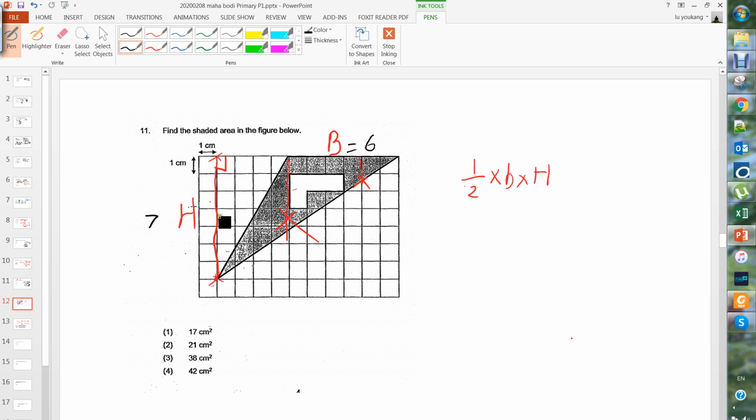Okay, good. Then you can put in the value already. Huh? H equals to H? Are you dreaming? Answer?